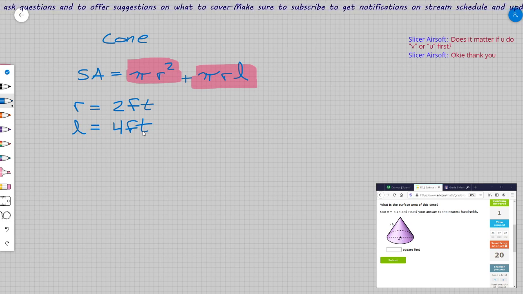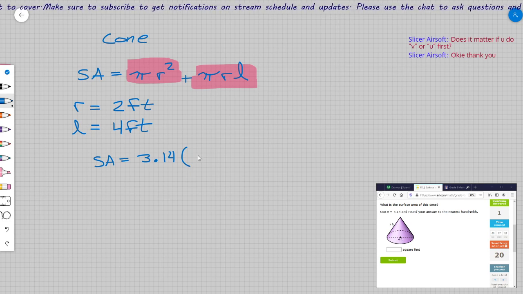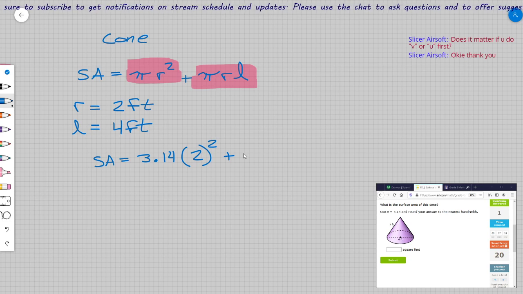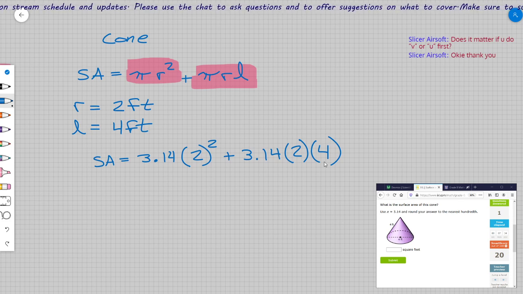Alright, so we know our dimensions. Let's go ahead and plug it in. So 3.14 for pi. Radius is 2. Square that. Then we got 3.14 for pi. Radius was 2. And our slant length is 4. So let's plug it in.